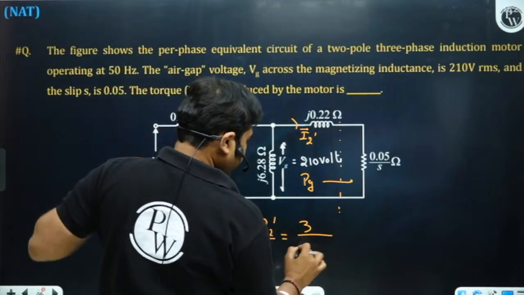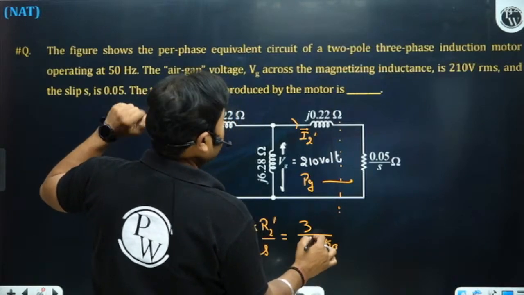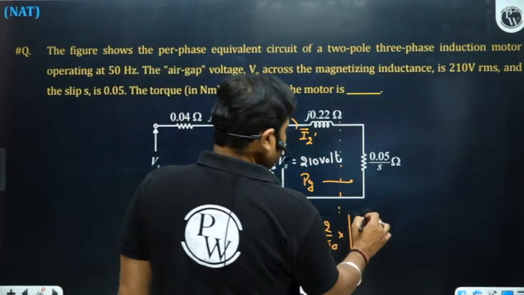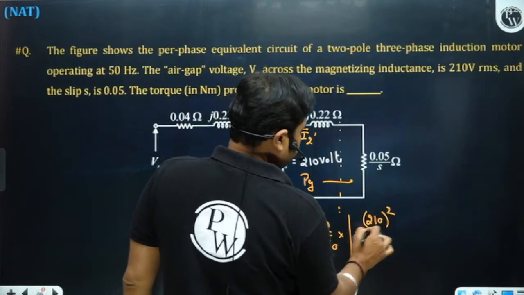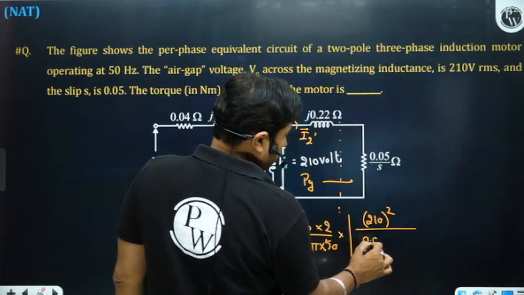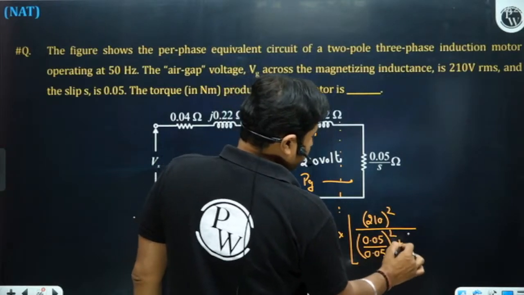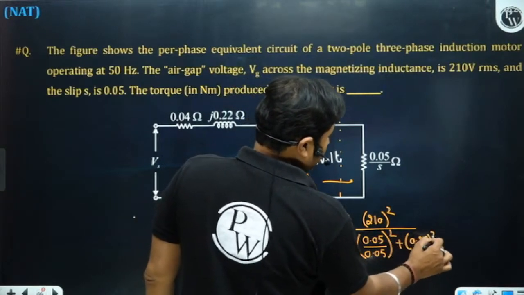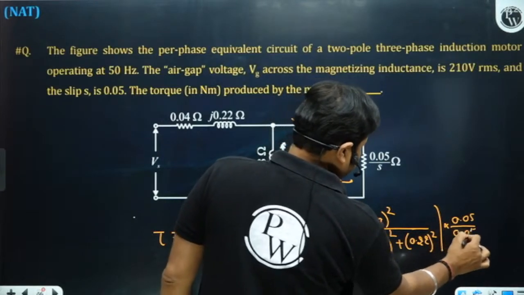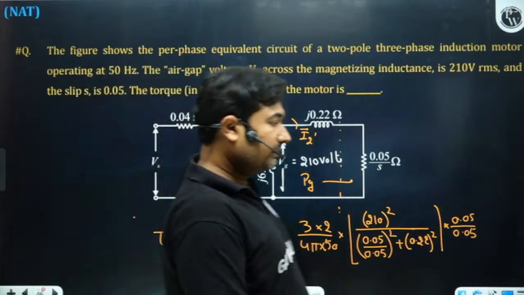So this will become 3 by 4 pi F, F is 50 Hertz by pole is 2 pole, into I2 dash. I2 dash will become voltage 210 volt square divided by R2 dash by slip square plus X2 dash 0.22 square, into 0.05 by 0.05. This will be the value of torque produced by the motor.